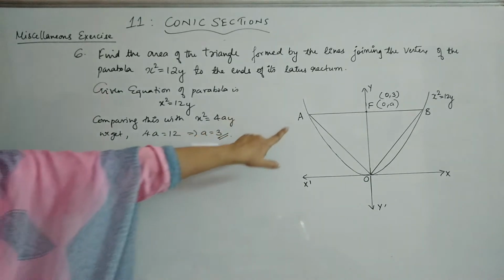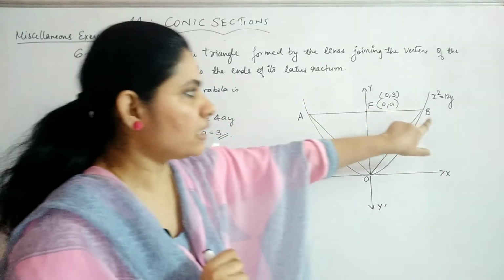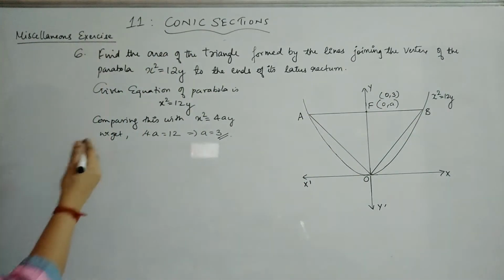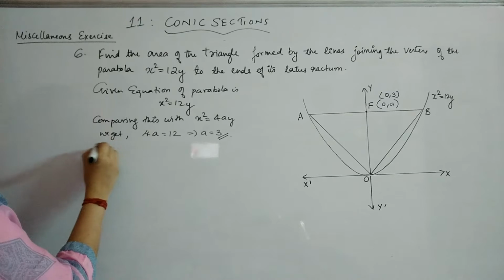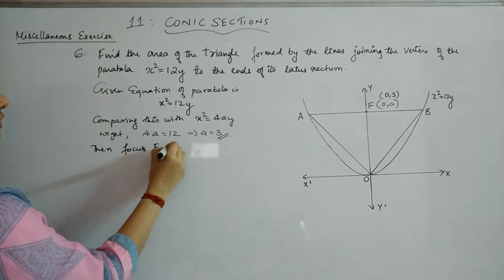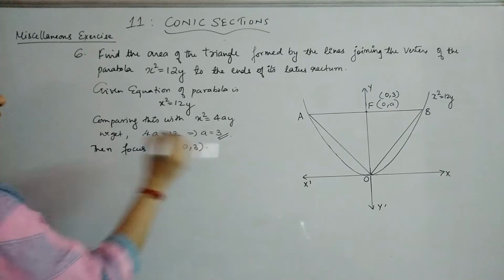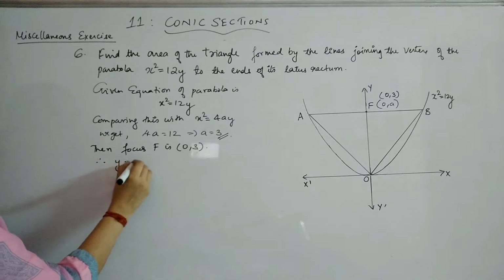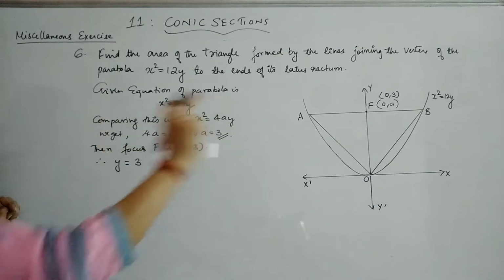That means for point A as well as for B, the coordinates of y will be 3 only. So we can say that the focus F is 0, 3. Therefore you will get y is equal to 3. Y is permanently 3 there.